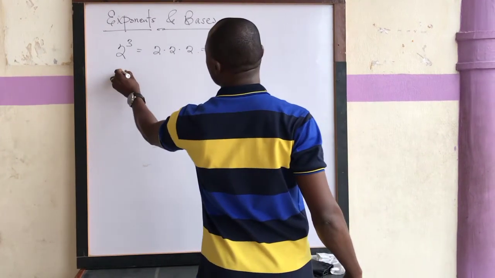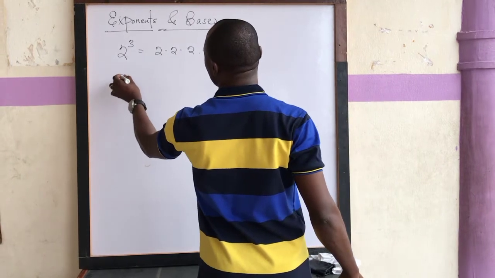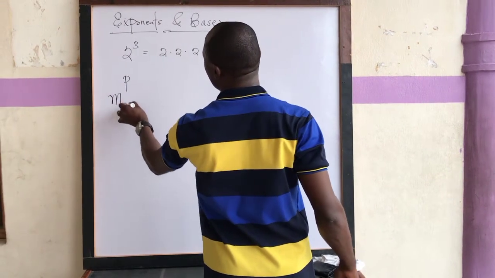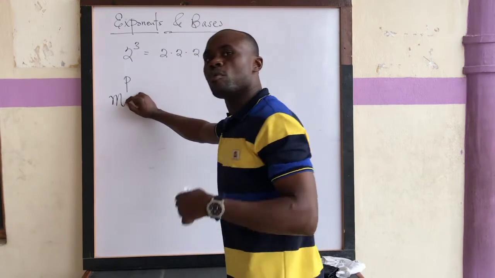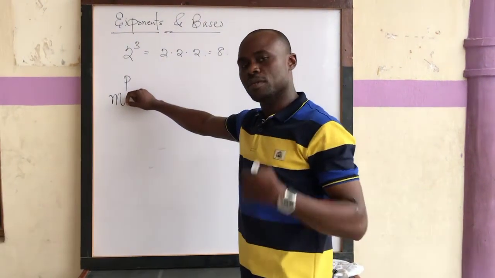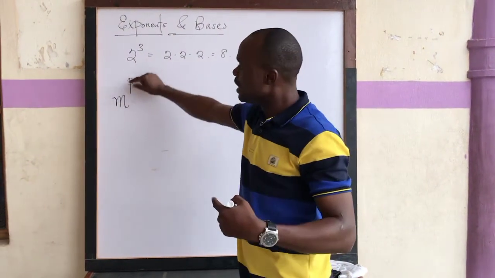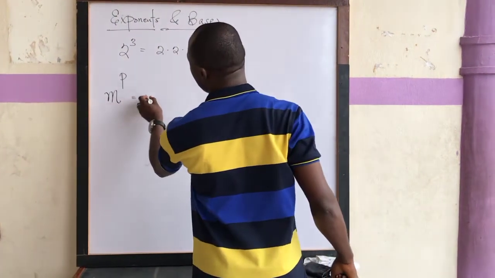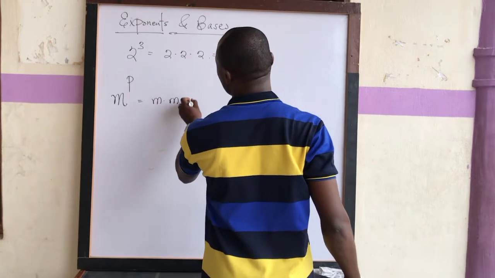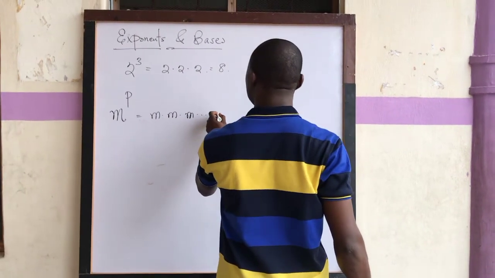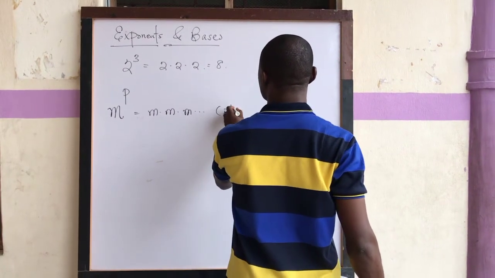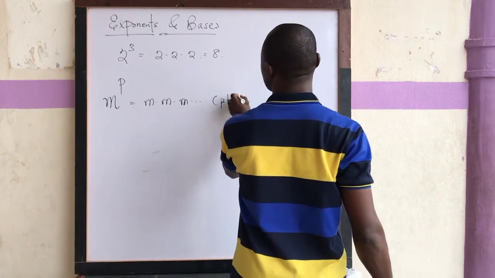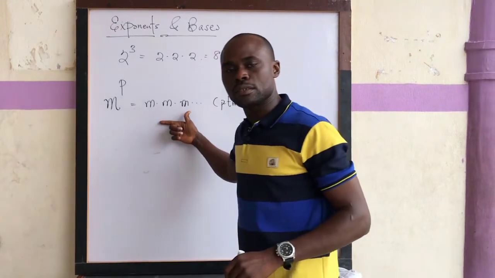What I'm trying to say in essence is that when you see n raised to the power of P, it means the multiplication of n in P places. So we have n times n times n, P times. We need to know that.